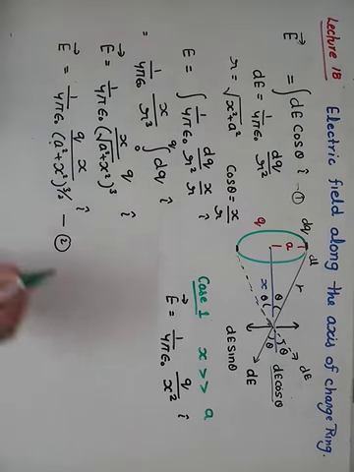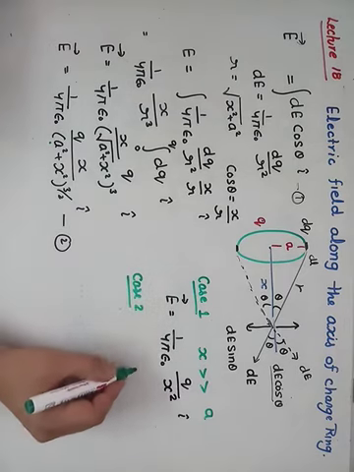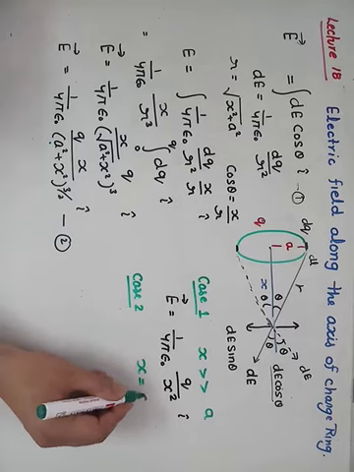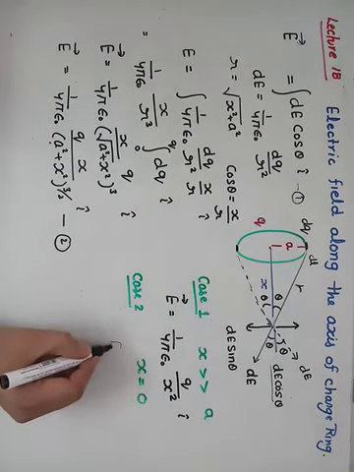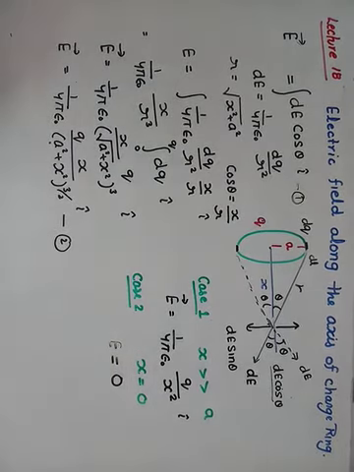Now second case, case 2, at the center of the ring. At the center of the ring the distance x will be 0. It is very clear, if x is 0 then the electric field at this point will also be 0.